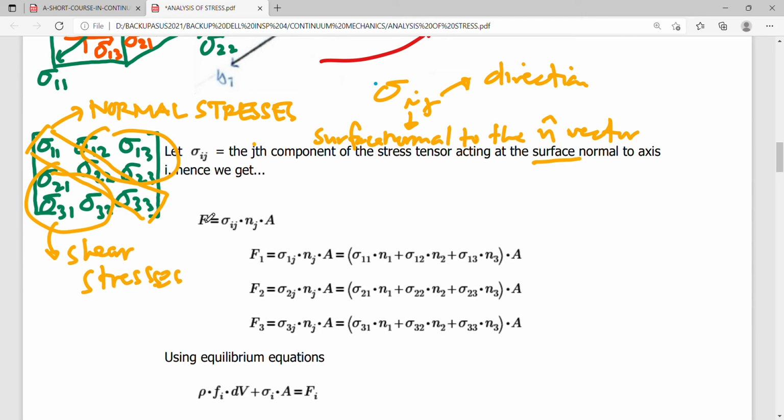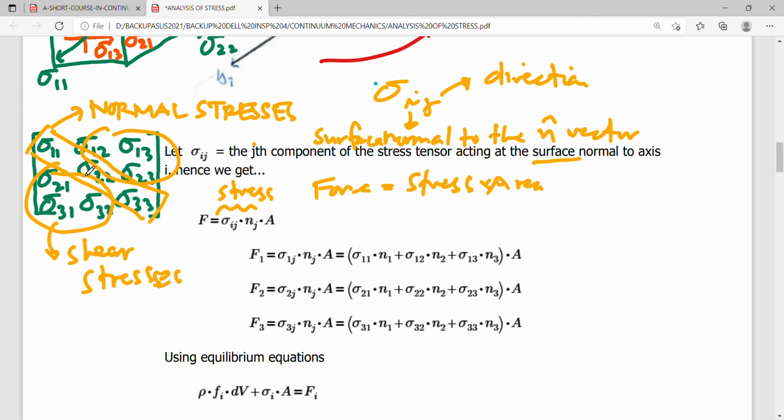Okay, so if we define now a force, we know that a force is simply equal to the stress multiplied by the area. So this is now a stress vector. So the stress vector multiplied by the area is equal to the force. And if you expand this, I may now get it.